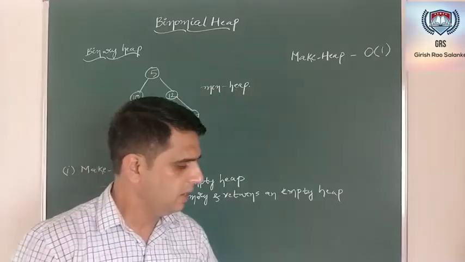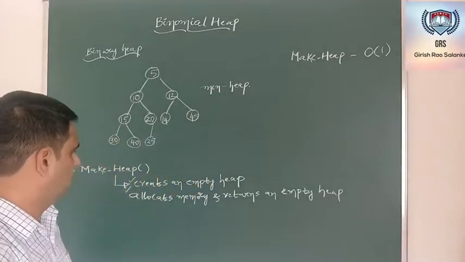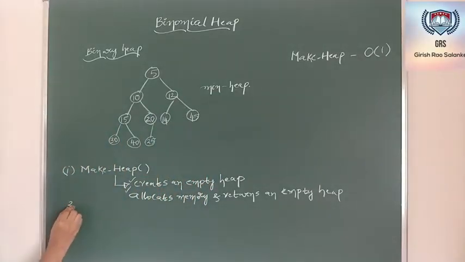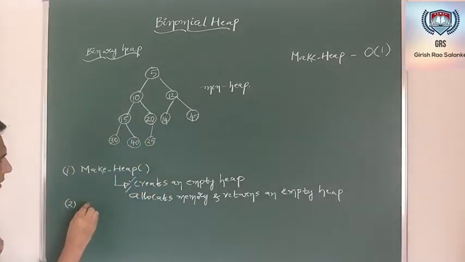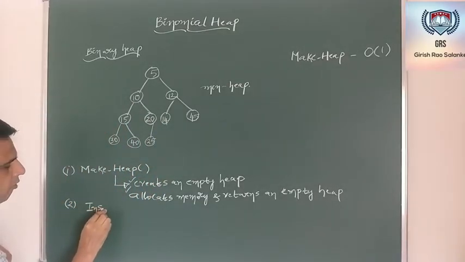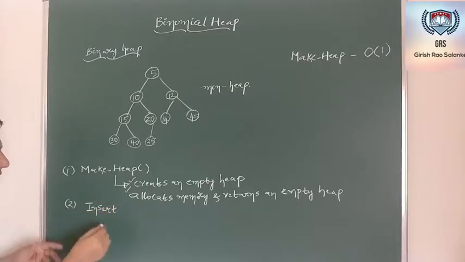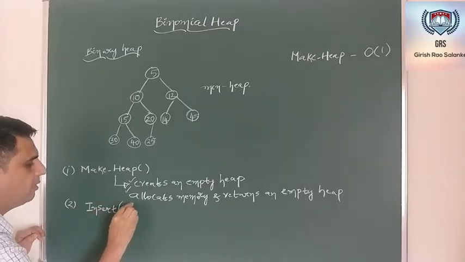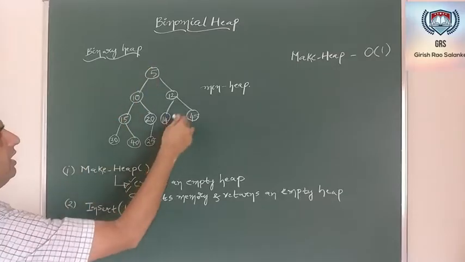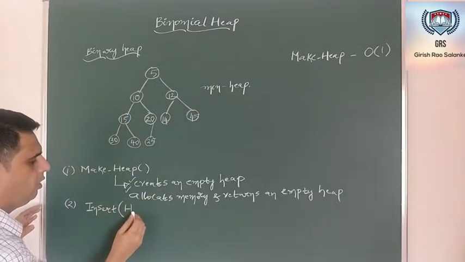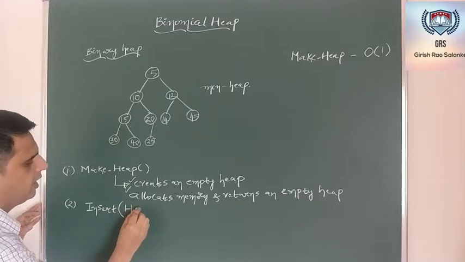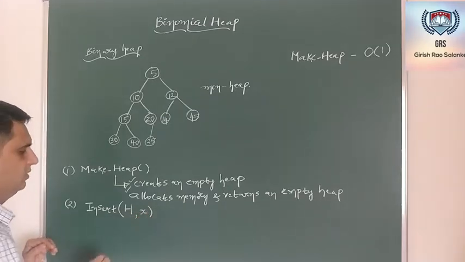Now coming to the second operation, we'll try to insert. We'll try to perform the insert operation on the heap H. Let me assume that this entire heap is denoted with H, and onto this heap, now I want to insert a new node denoted with X. So what is the objective?